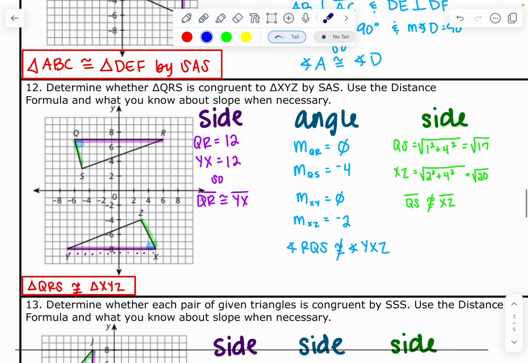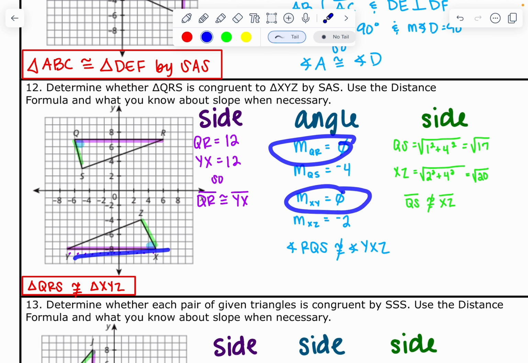And for the next one, I did pretty much the same process. So for the first side, I went with QR and YX, and they are both equal to 12. So both of those sides are congruent. And then for the angles, okay, I had to get a little creative with this. So we know that this is a 0 slope. So I indicated that here, and then this is also a 0 slope. I indicated that there.